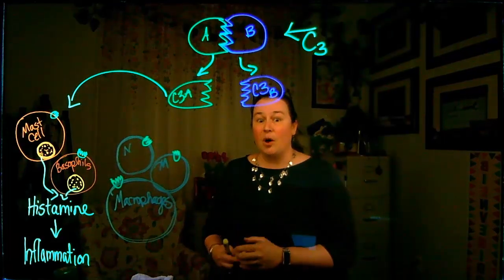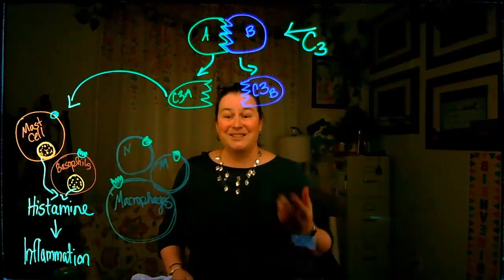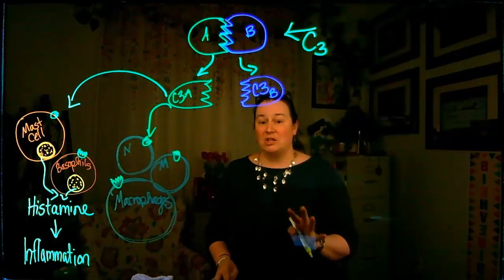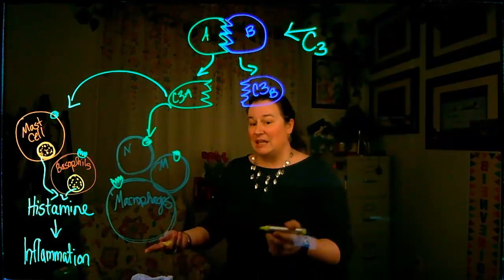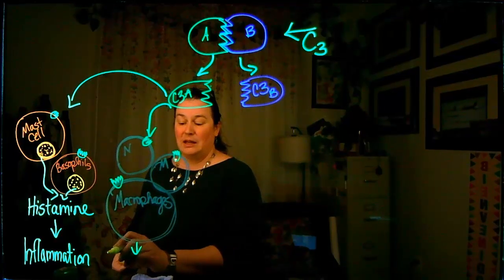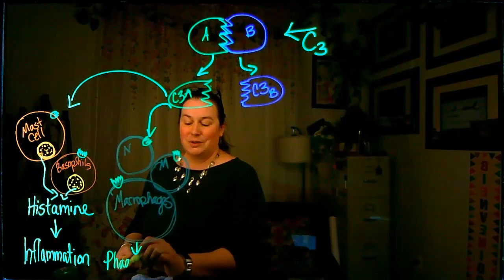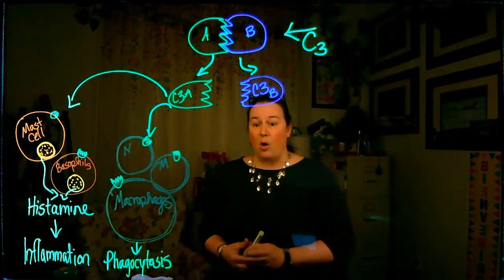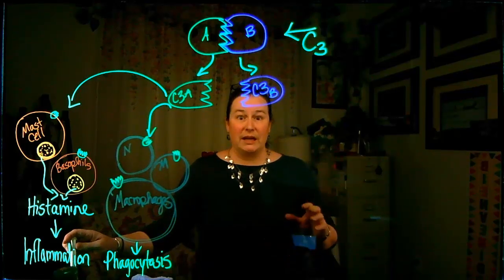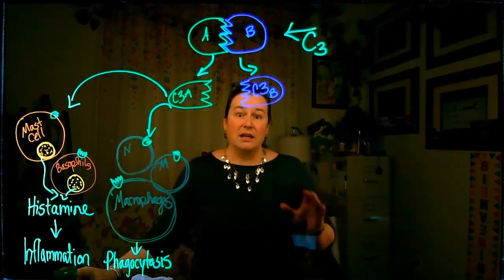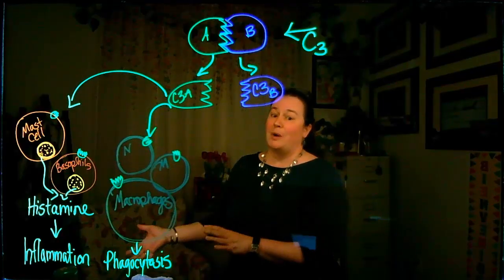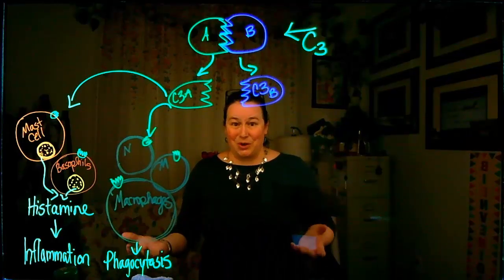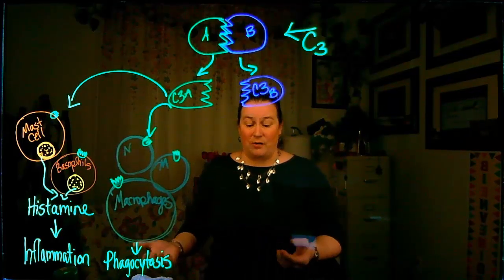And oh, by the way, could you please start to digest things? So when complement C3a binds to the phagocytic cells, the net result is an increase in phagocytosis. So a key role of complement C3a is to support most of those white blood cells, most of the cells and components of the second line of defense, as an attempt to encourage the removal of microbes from the area.